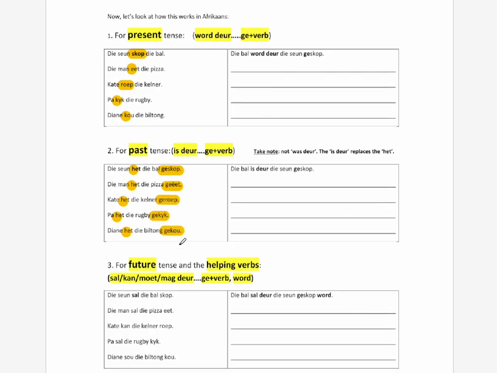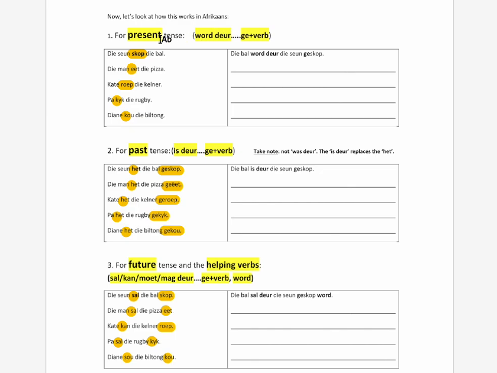And the last one is if something's in future, it normally has a sal skop, sal eet, kan roep, could be something like that, sal kyk, and sou kou. Sure about that one, but we'll quickly go through them and just answer them. So have a look what they say.